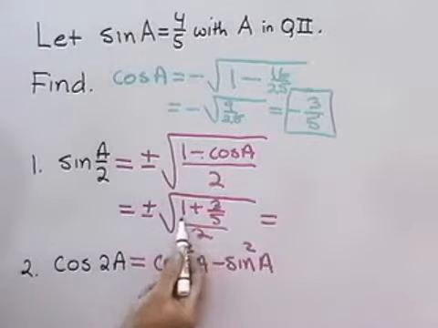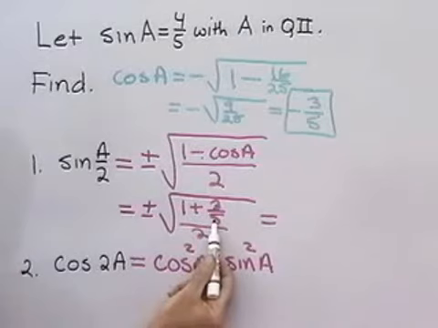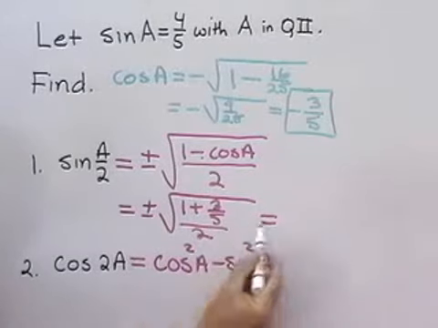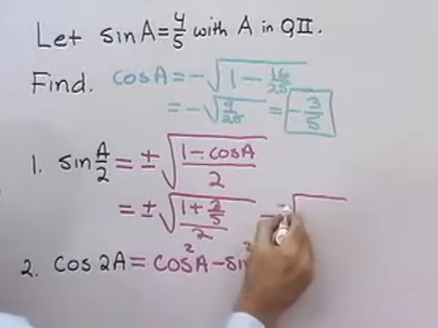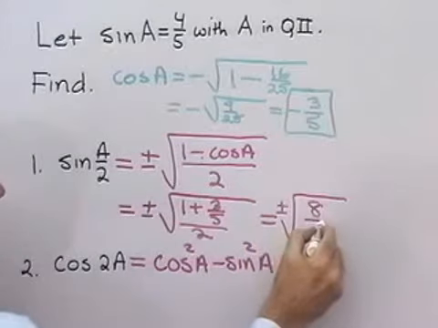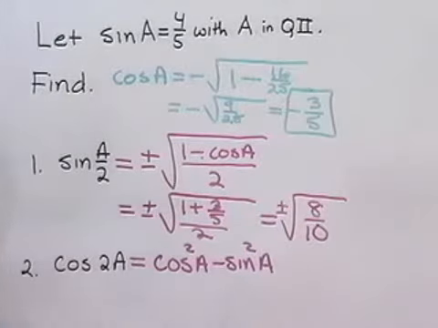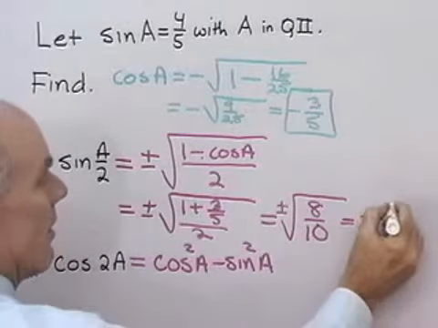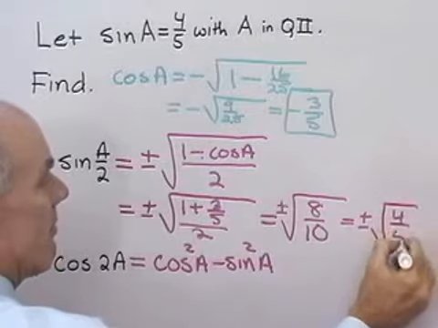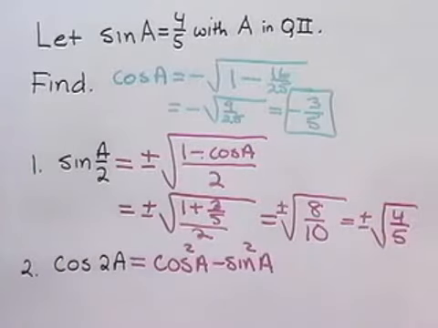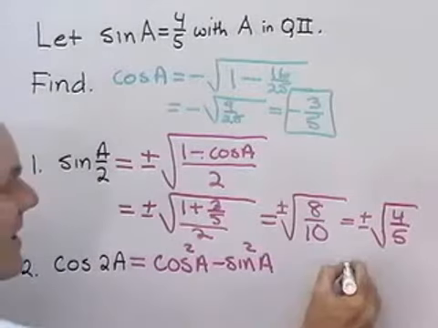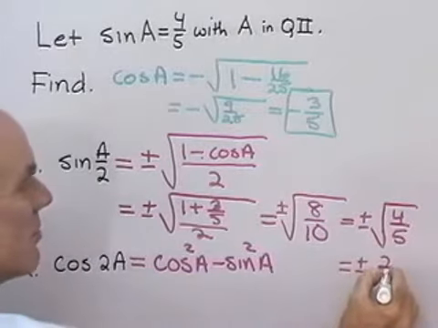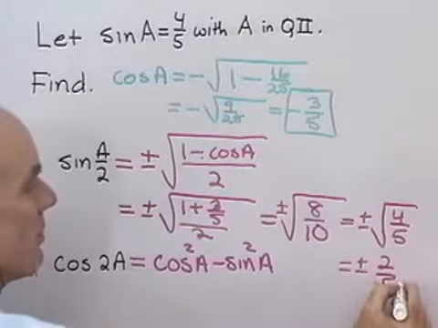Now let's see, this is 5/5 plus 3/5, that's 8/5 divided by 2, so plus or minus the square root of 8/10. In reduced form, that is plus or minus the square root of 4/5. And so that is plus or minus 2 over square root 5.